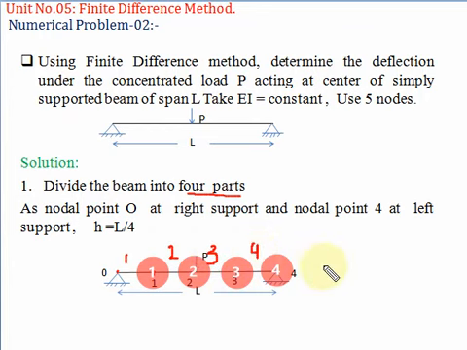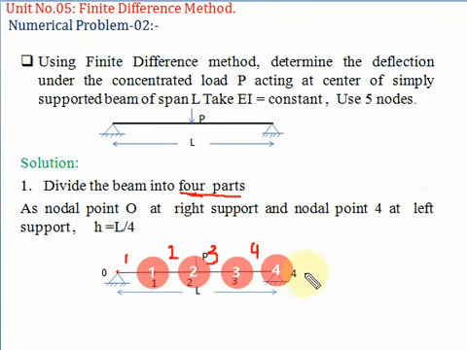So one thing I want to tell you: when the nodes are 5, the number of parts will be 4. Nodal point 0 is at the left support and nodal point 4 at the right support.